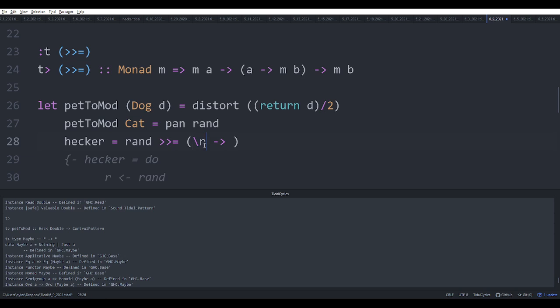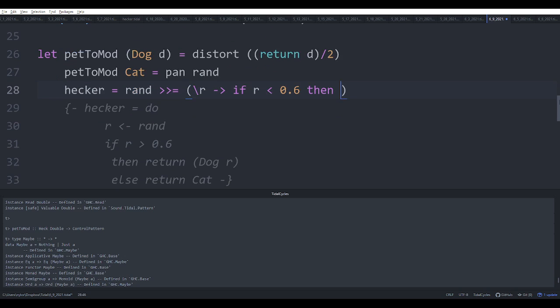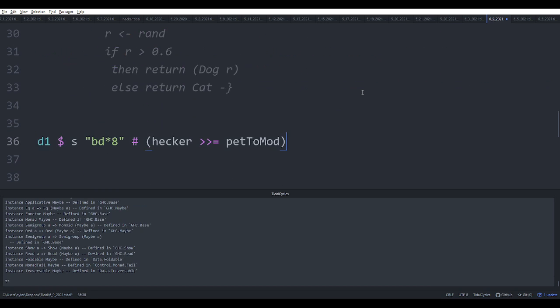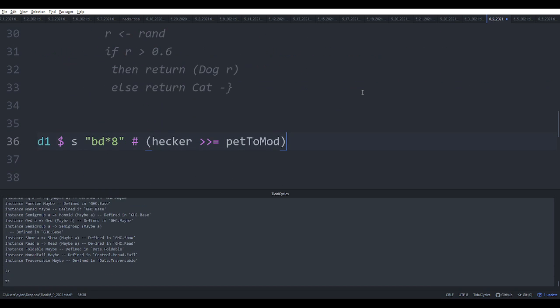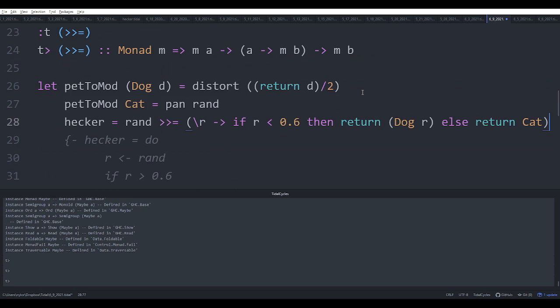So you can say lambda r goes to, if r is less than 0.6, then I can't even remember this silly function I defined. Ah, yes, okay. Return dog r else return cat. Okay, so that should be correct. Let's just test it.